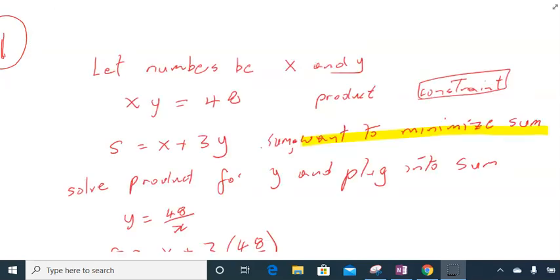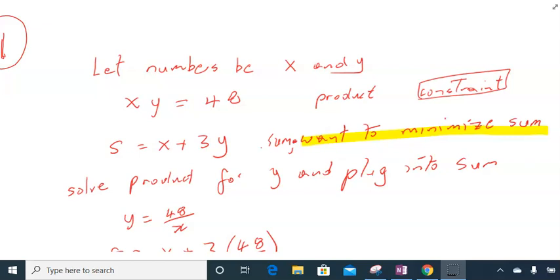Let us assign some variables to these numbers. So let these numbers be called x and y. Now x times y is equal to 48, and that is a product. That is a constraint. And then the sum, x plus 3y, that equals s.